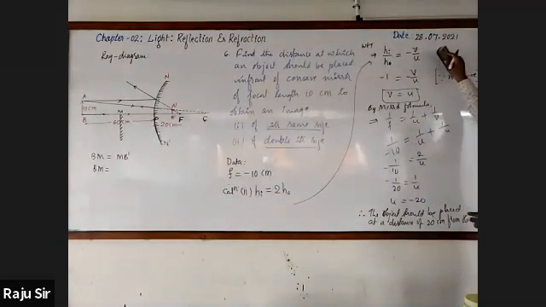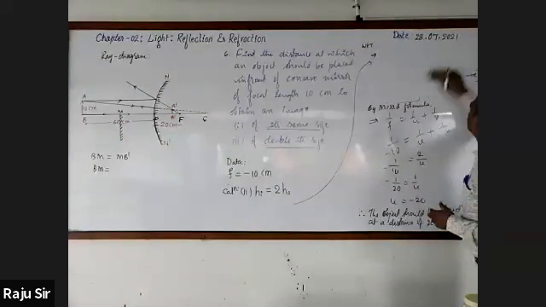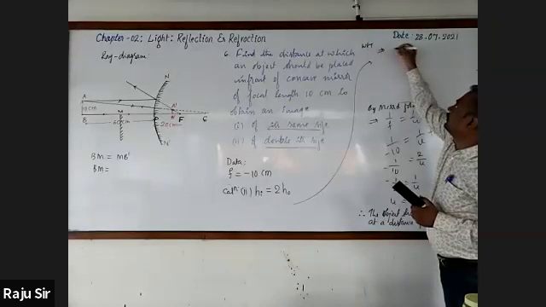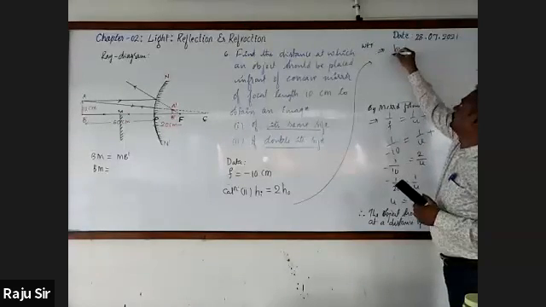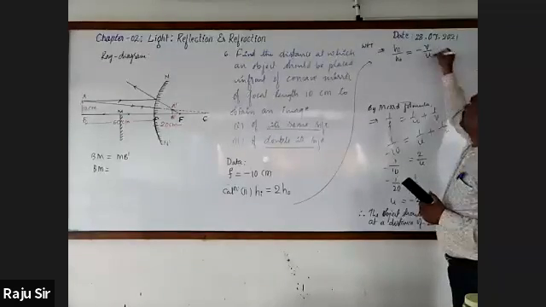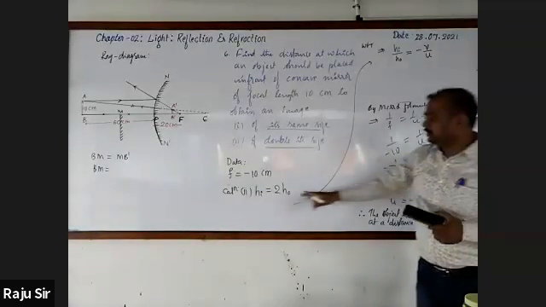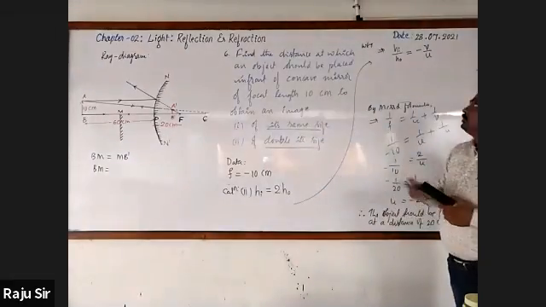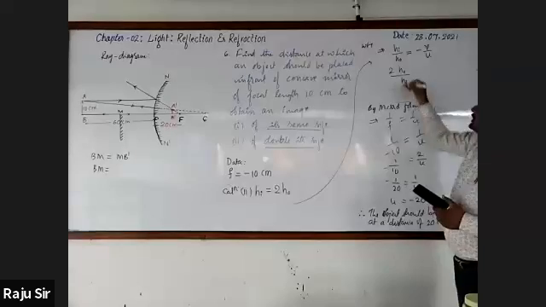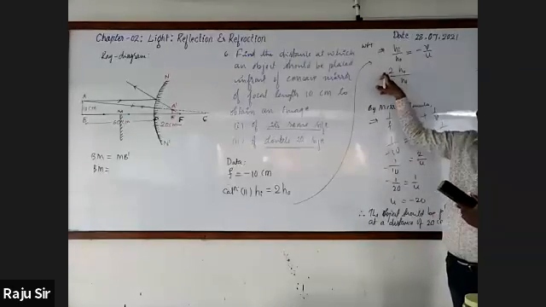Same type of calculation. It is HI by H naught is equal to minus V by U, where HI is equal to 2 H naught. Should it be negative or positive?